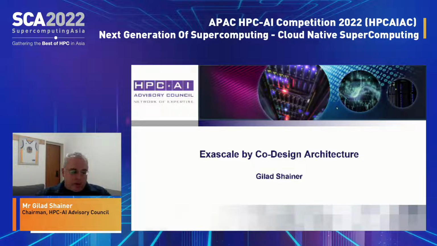Thanks again to Qingchun for the introduction of this afternoon session, and we will definitely include many interesting topics coming from different areas of supercomputing, high performance computing and AI.